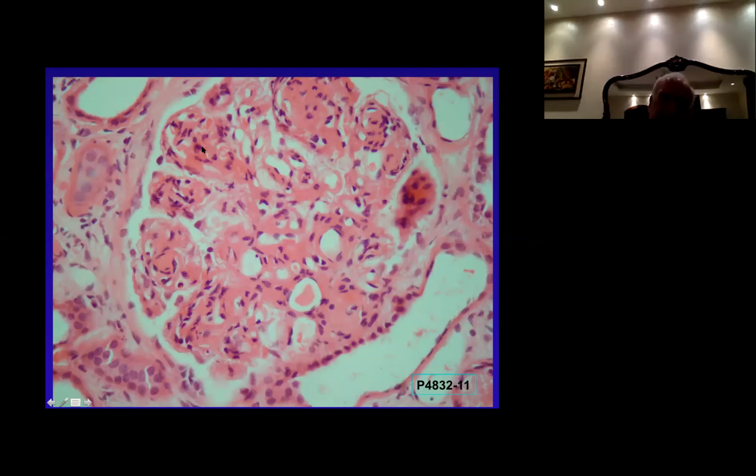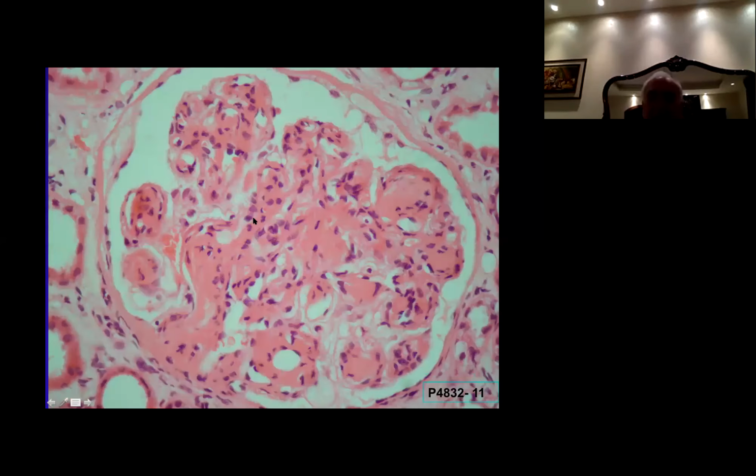You may see some mesangial matrix expansion, and you see cells. In amyloid, you don't have cells. Diabetes, you don't have cells. Here you have abnormal cells present. Here it's crystal clear that you are dealing with a nodular pattern of renal injury.